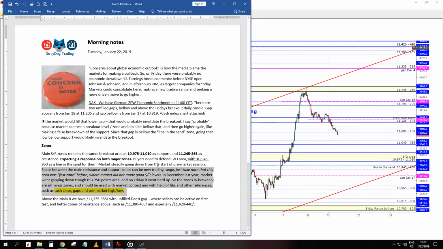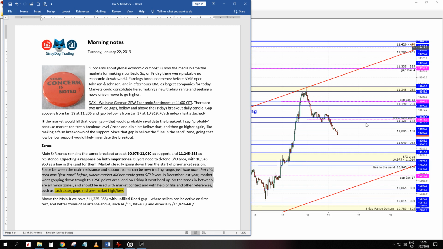And the most important part here is that this space of around 250 points was really a fast zone at the start of December. On December 5th and 6th, the market just went through it, gapping down in a very fast manner, and there wasn't really time to make good support and resistance zones.